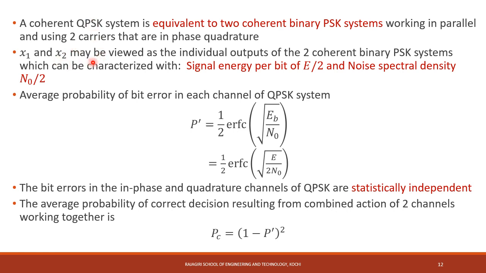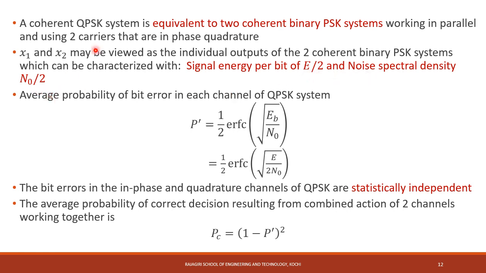These are viewed as the individual outputs of coherent binary PSK systems. We know that capital E represents the signal energy per symbol. Since two bits are grouped together to form a symbol, the signal energy per bit is E by 2, and the noise spectral density is N0 by 2.